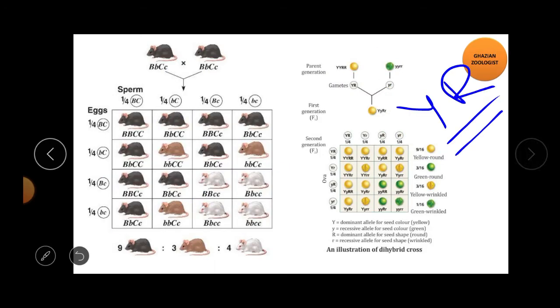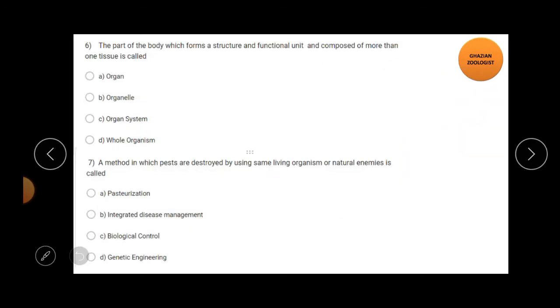Our next MCQ is: the part of the body which forms a structural and functional unit composed of more than one tissue. Actually, when we talk about it, cells form tissue and tissues form organs.